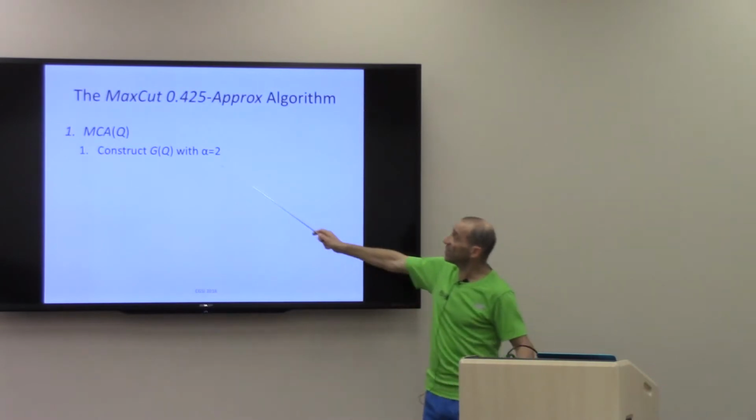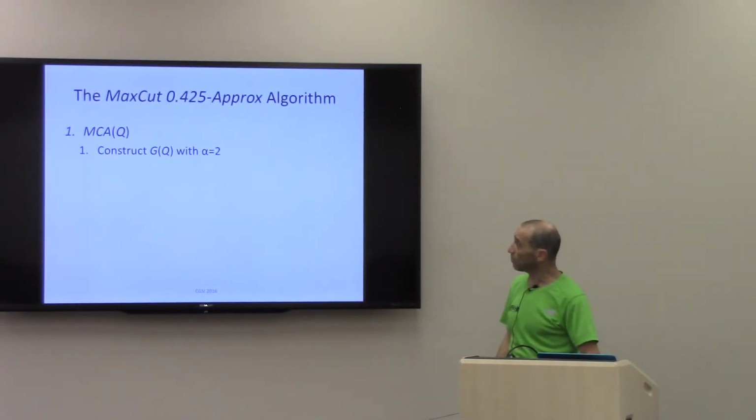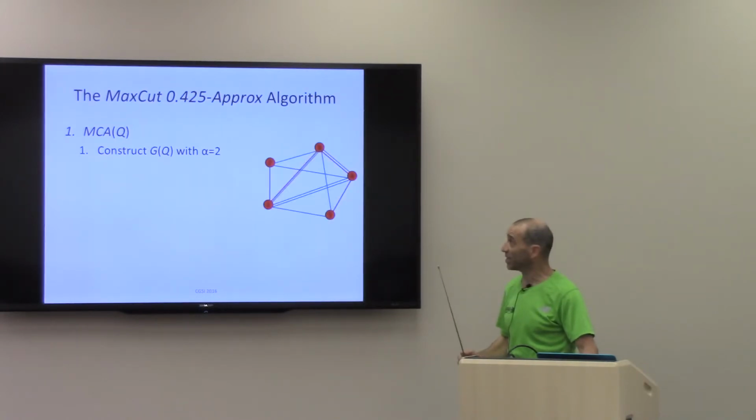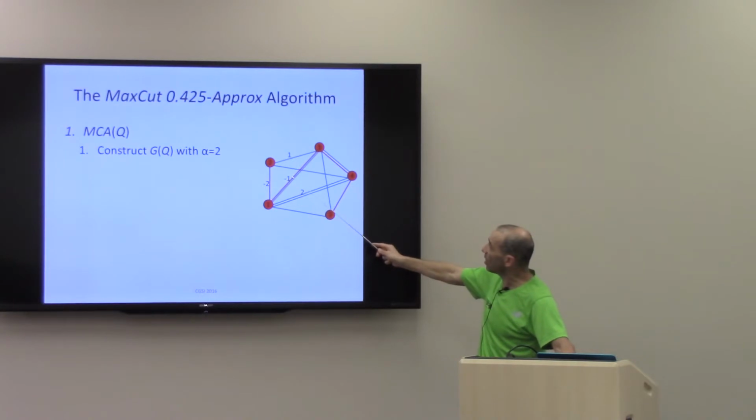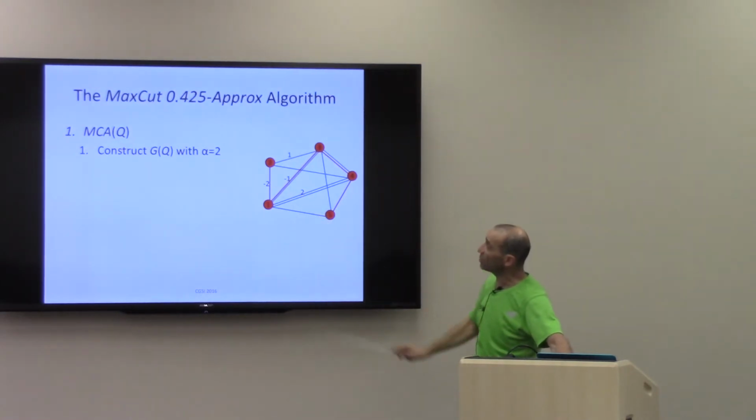So we set alpha to 2, so we have minus 2 for the bad edges. Here we have 1. This is minus 1 because we have minus 2 plus 1. Here we have 2, this edge, and minus 2.